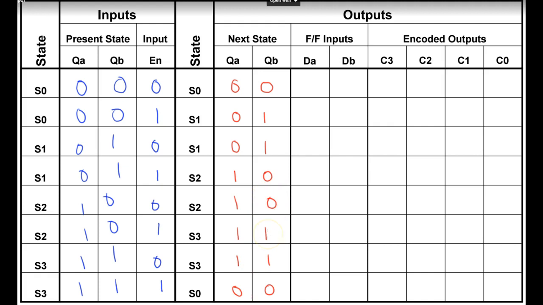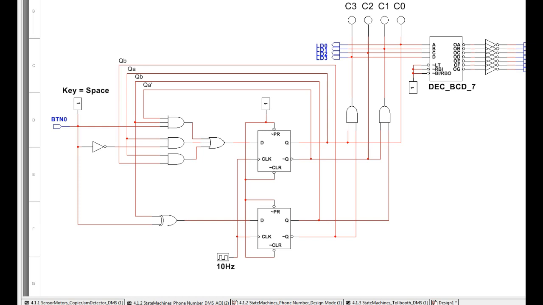For the next step, you need to take a look at what an actual state circuit looks like. Here we have two flip-flops, and we can see we have QA up on top and QB down below. It's feeding into a number of outputs. Here are our outputs, which would be our encoded binary outputs.